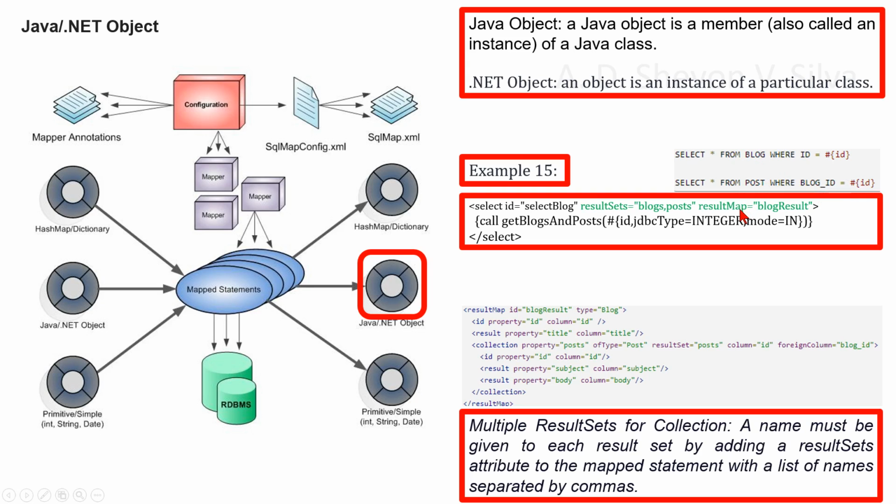The name must be given to each result set by adding the resultSets attribute to the mapped statement with the list of names separated by commas.